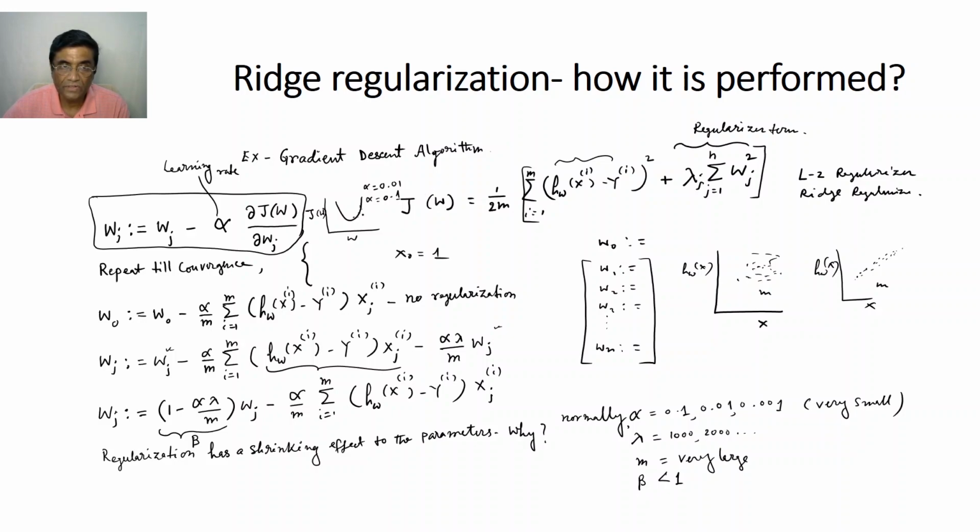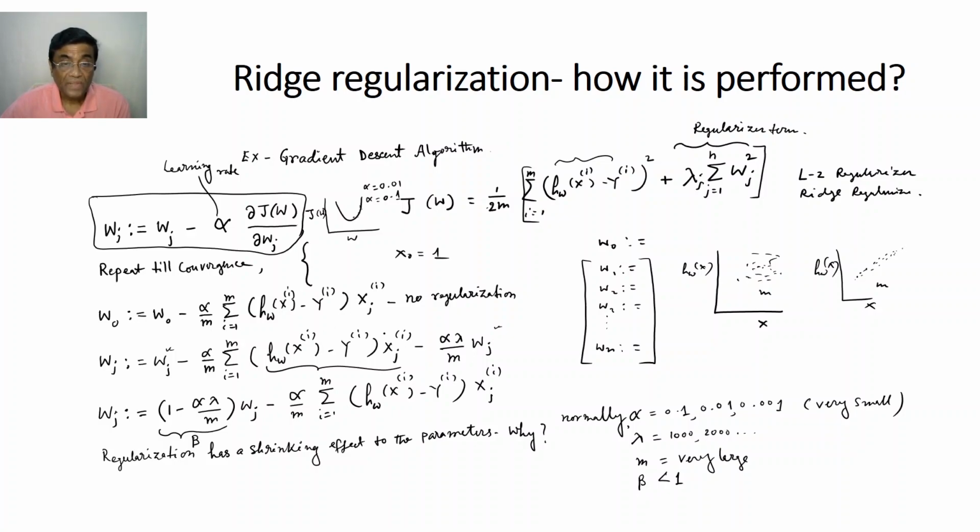So alpha lambda divided by m. So m as it is will be there, and the 2 and this 2 derivative cancel out. So the second term, alpha lambda divided by m wj, is the derivative of the regularization term. Okay, this is the derivative of the cost function without regularization. So you understand that, right?